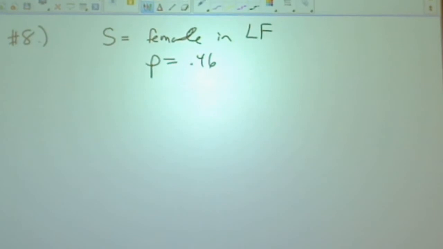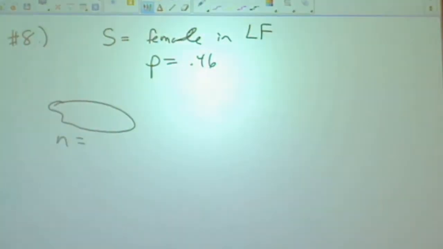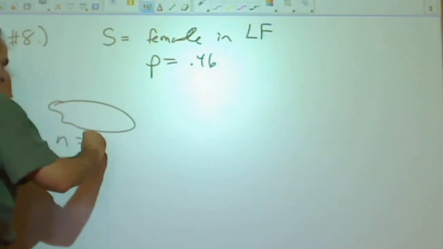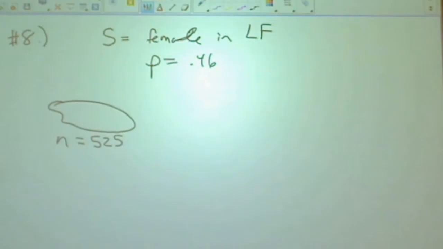So that actually is Europe numbers. They're telling us they do a sample. What did they give us about the sample? 525. Yep. What else? 229 for females.